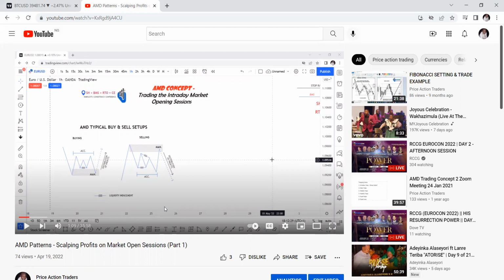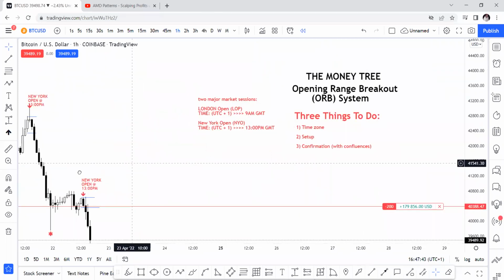I'm still going to do more on synthetic indices. If you are trading V75 or the volatility indices on Binary or Deriv.com brokers' platform, it is doing massive. Now let's go straight to the point.